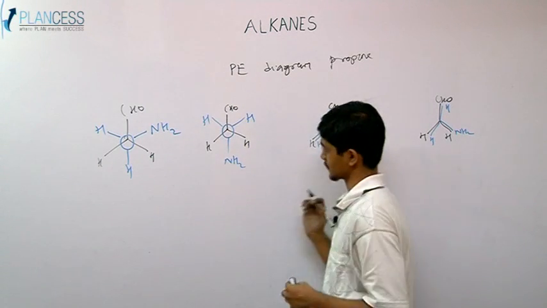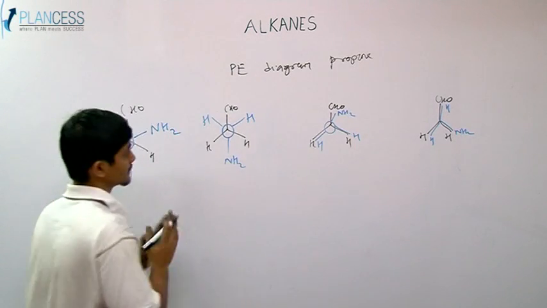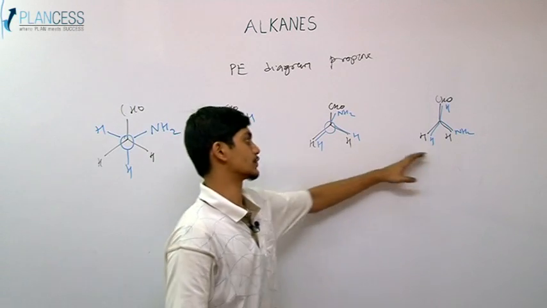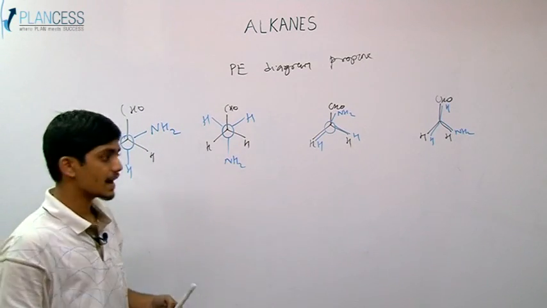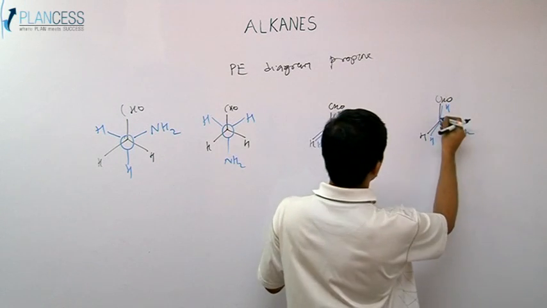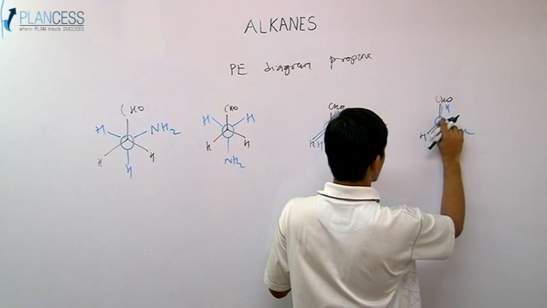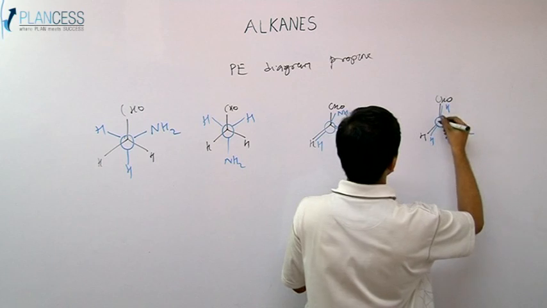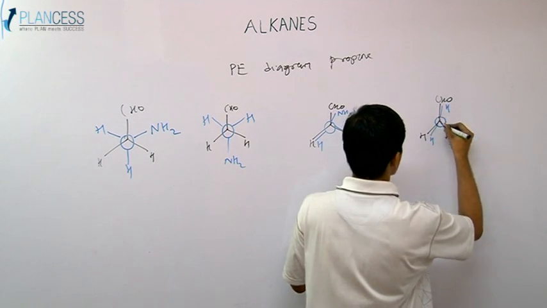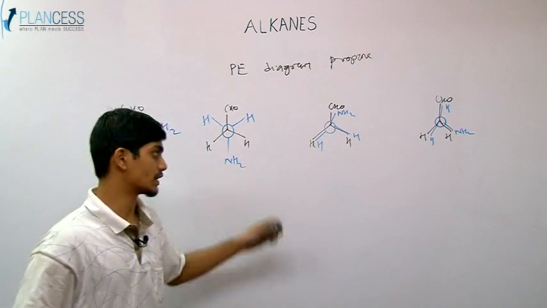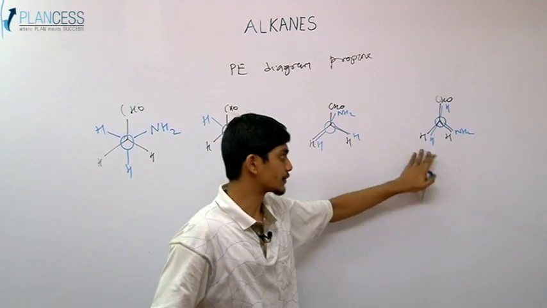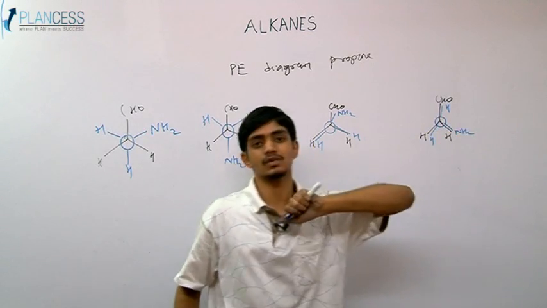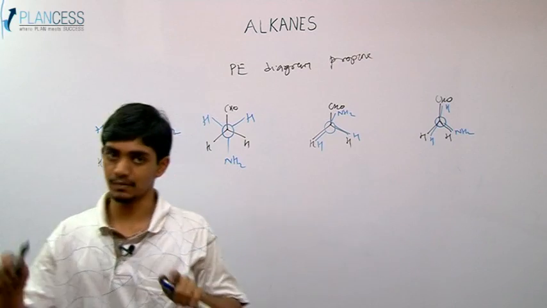Obviously the least stable structure must be this one out of these two, because these are the eclipse structures and we can find out which of these two eclipse structures is the least stable. Now in this case we have only hydrogen-hydrogen repulsions, but here we have hydrogen-hydrogen but also NH2-hydrogen repulsions. So that creates a very big difference.